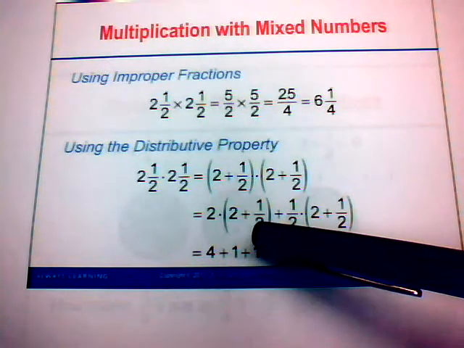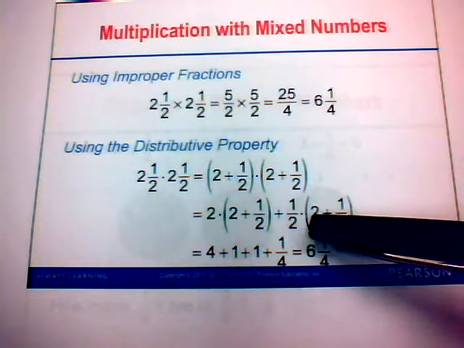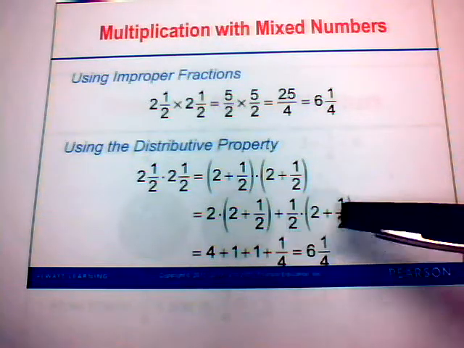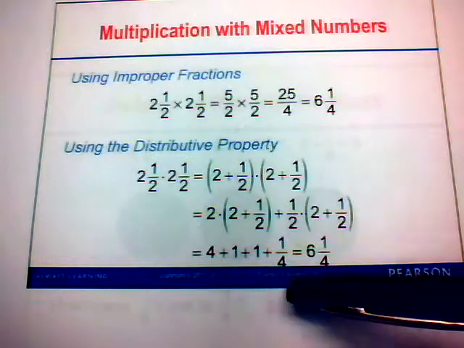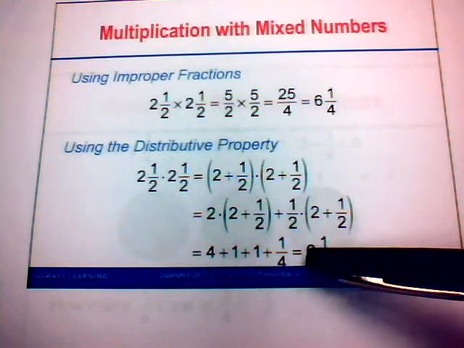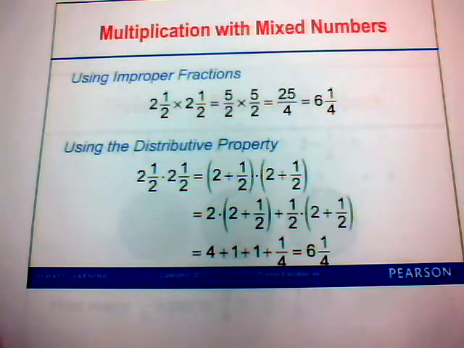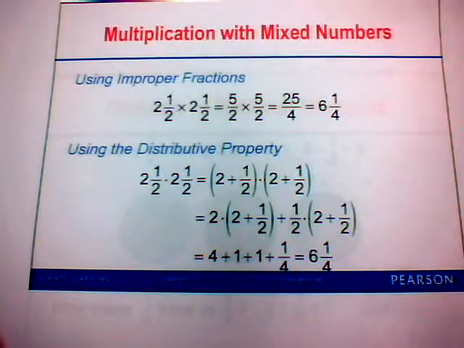And then 2 times 1/2, or 1/2 of 2, will be 1. And then 1/2 of this 2 will be 1. 1/2 times 1/2 will be 1/4. So now if we add 4 plus 1 plus 1, you'll get 6, and then we can bring over the 1/4. So the final answer there will be 6 and 1/4.